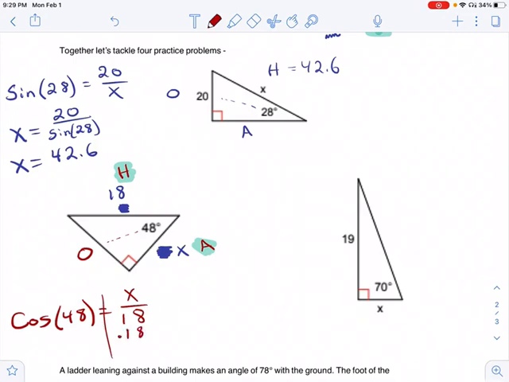So I'm just going to multiply both sides by 18. So I get 18 times the cosine of 48 equals x. So it's a little bit more straightforward. Some people are going to confuse that with the earlier strategy of the straight up swap, but I wanted to cover both instances here. So that's going to equal 12.044.